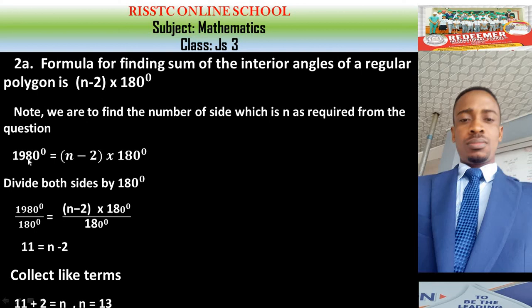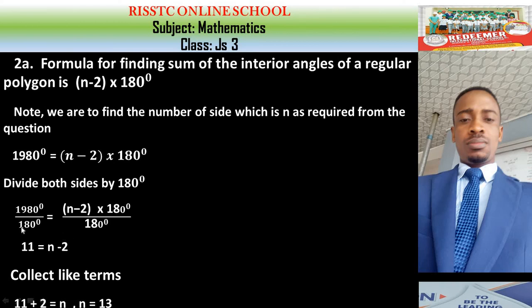Now, we equate what we're given to the formula used for finding the sum of interior angles. The next step here is divide both sides by 180 degrees. 1980 degrees divided by 180 degrees equals also the formula divided by 180 degrees.